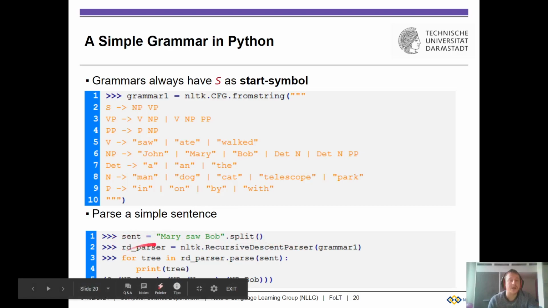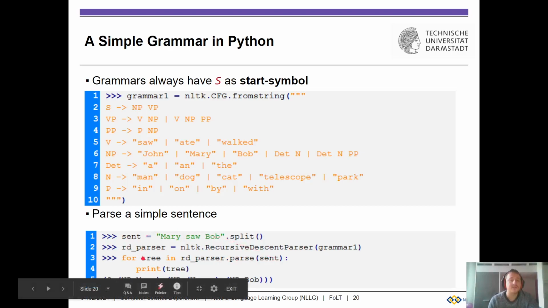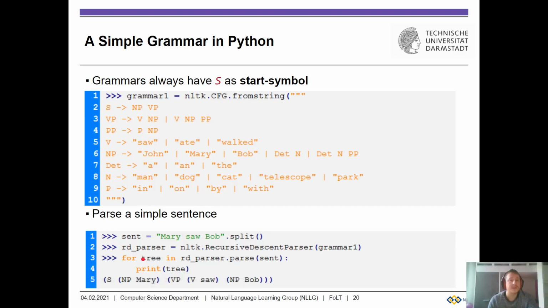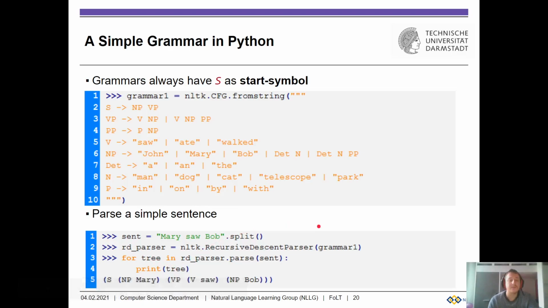You get a parser object, and then you say, please parse my sentence, and what it will give you as output is different subtrees in the parse tree. So it will give you the whole parse tree as we've previously seen, and then you can print out the subtrees in this tree, and you'll get exactly what you see down here, namely that the sentence consists of the subtrees a noun phrase, which is Mary, and a verb phrase, which goes into saw and Bob.